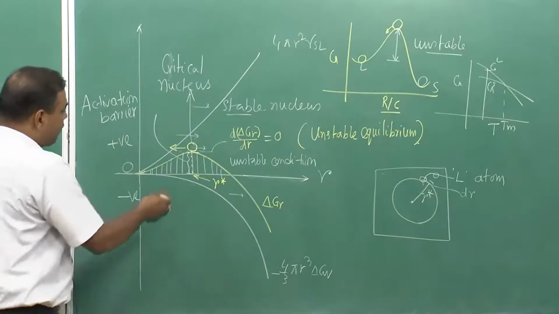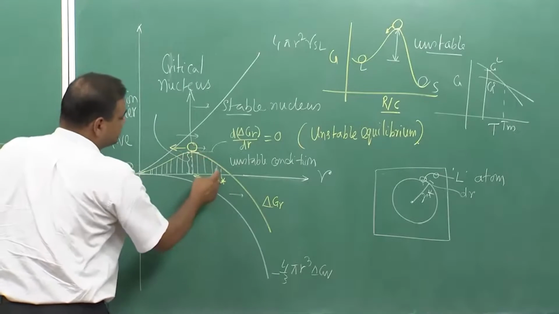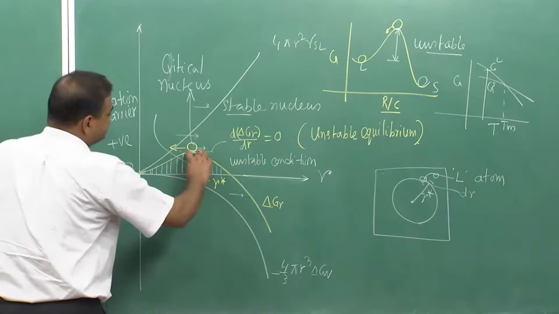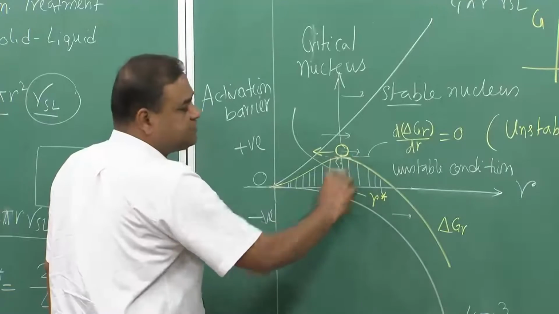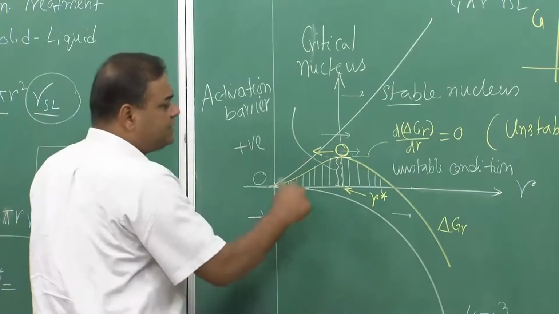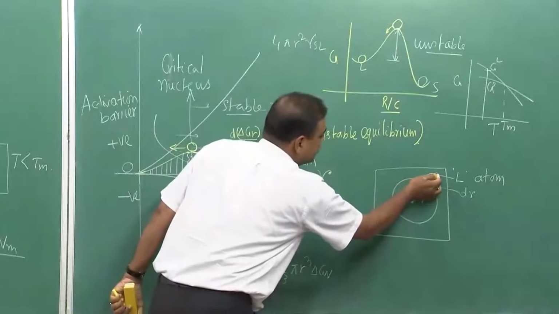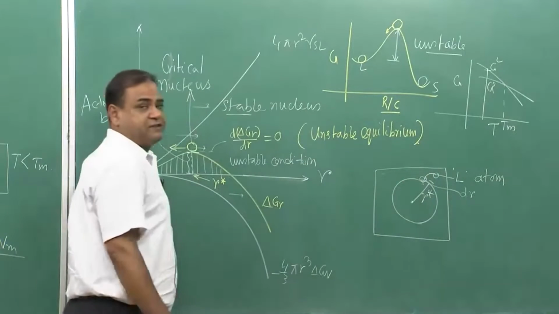So, now whenever I am trying to cross this barrier, there are two events. One is it has to get sufficient excitement to cross this barrier. The other one is another liquid atom should join to the solid surface.